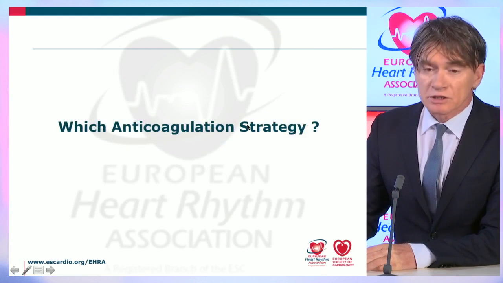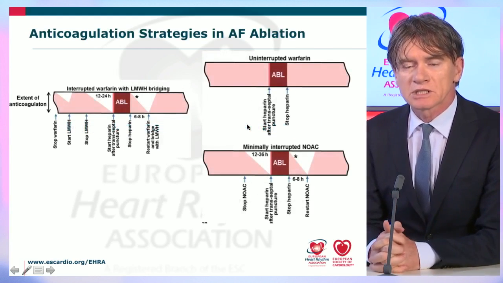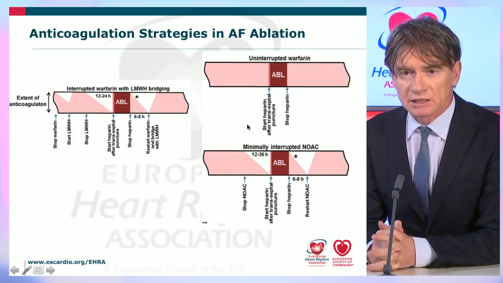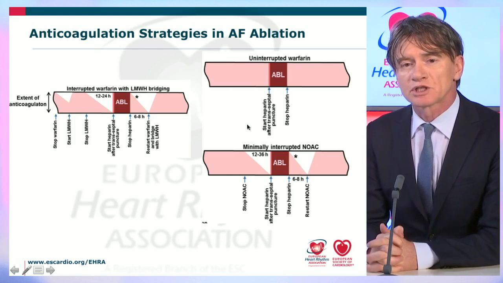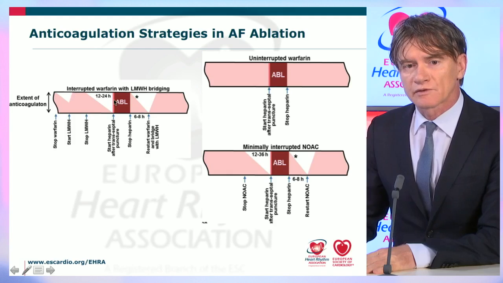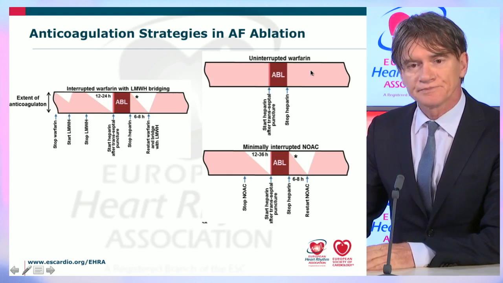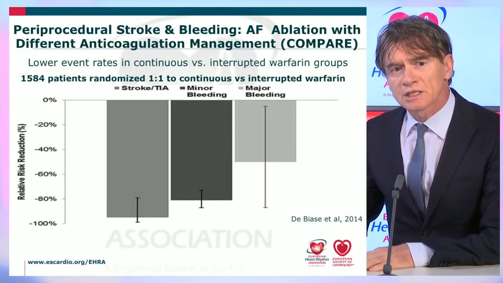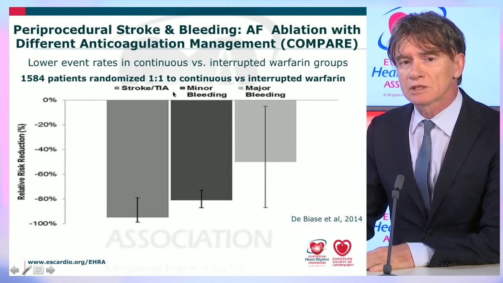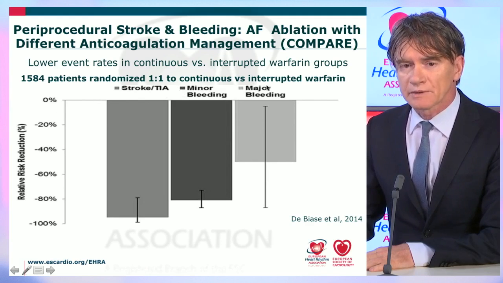Which anticoagulation strategy should we be using? It was in the year 2010 that a pivotal study named COMPARE was published, in which the traditional interrupted warfarin strategy was compared with an uninterrupted warfarin strategy. The study was enrolling 1,584 patients who were randomized 1-to-1 to continuous versus interrupted warfarin.